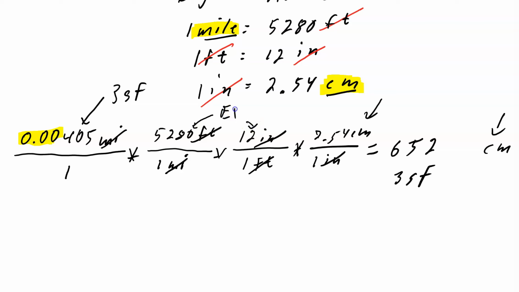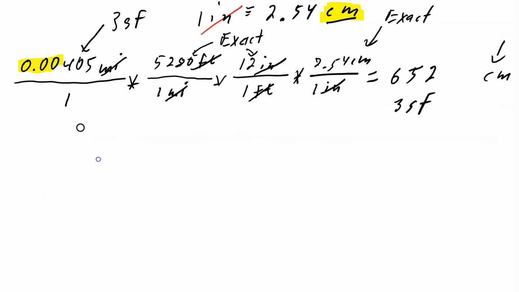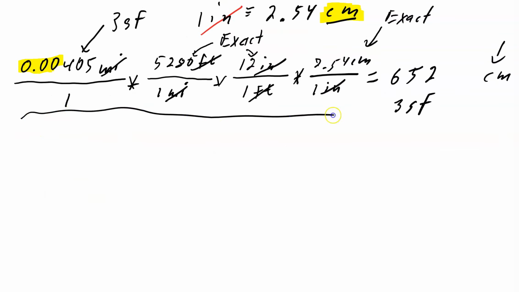These are exact because they are within the same measuring system. 2.54 centimeters per inch, you would think that that is a measurement, but this is also actually an exact number as well. If you look in your textbook, you do have a triple equal sign between those two. So my answer must have three significant figures as indicated by my measurement value, which has three significant figures. So that takes care of this one. Let's move on to the next one.